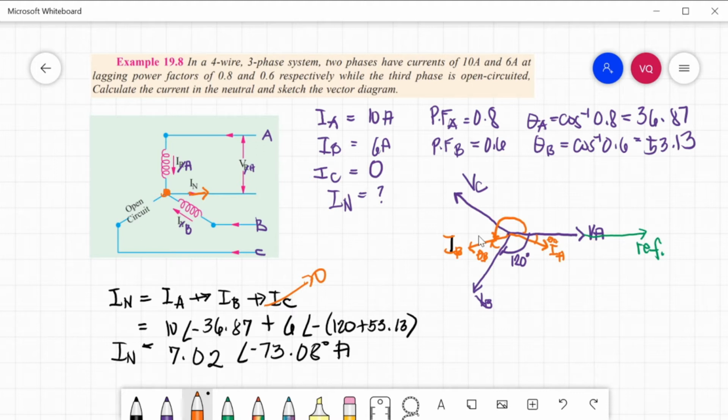This is equal to 10 angle negative 36.87 plus 6 angle 186.87. So the answer is the same. Here we took the clockwise direction, that is why it is negative. So IN will be equal to 7.02 angle negative 73.08.